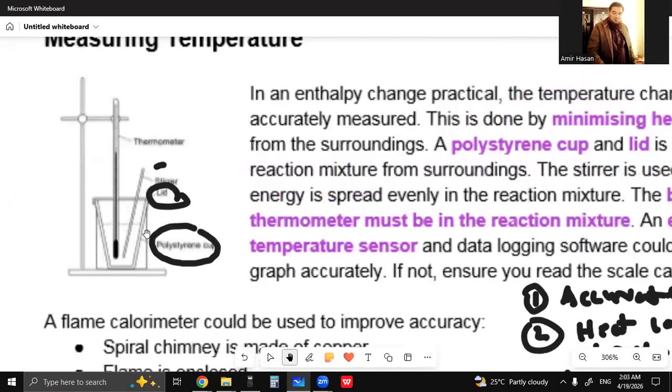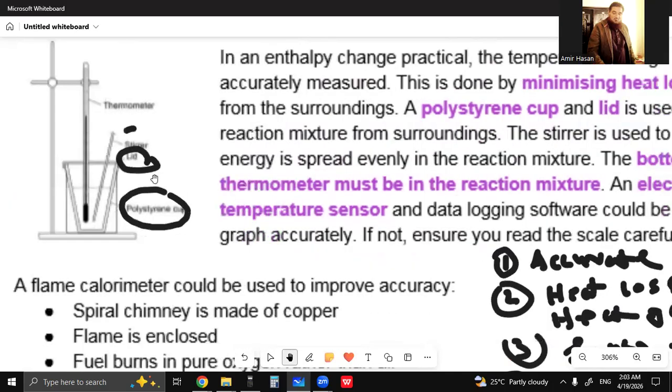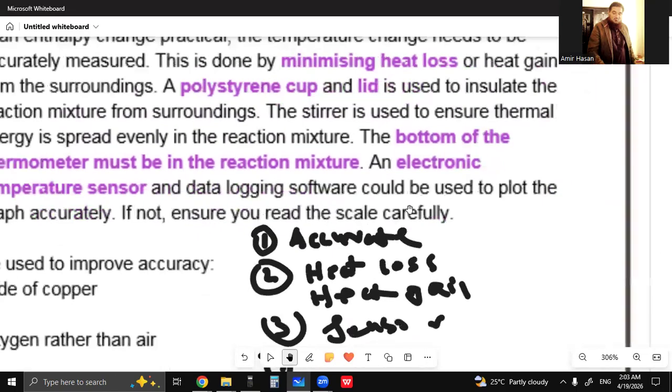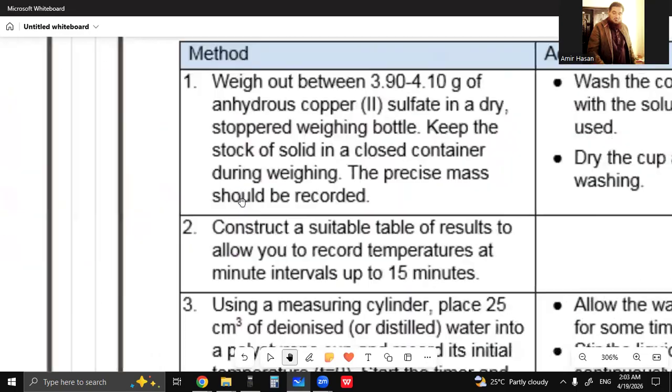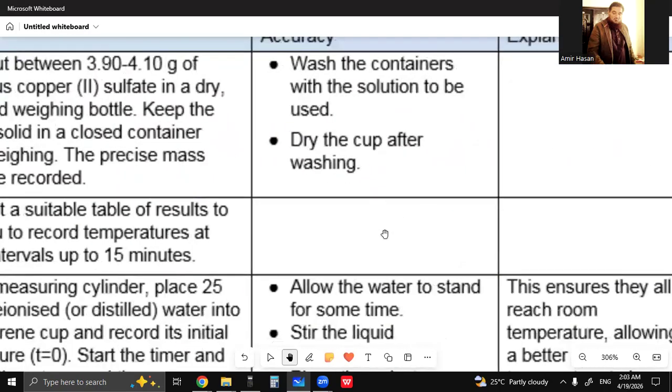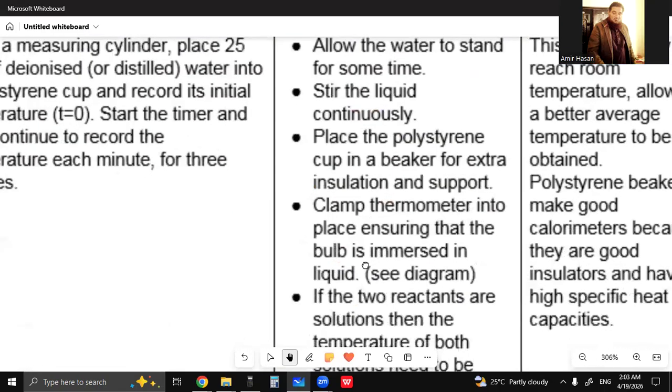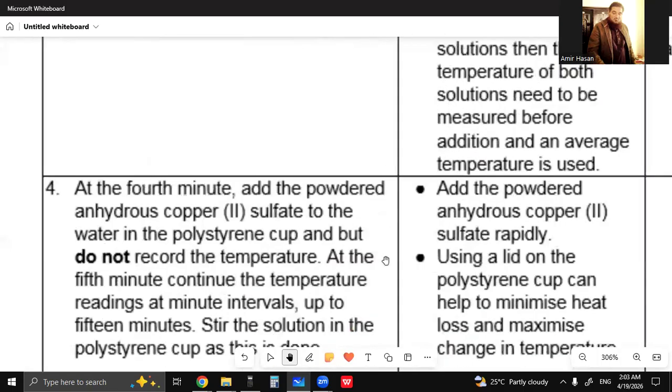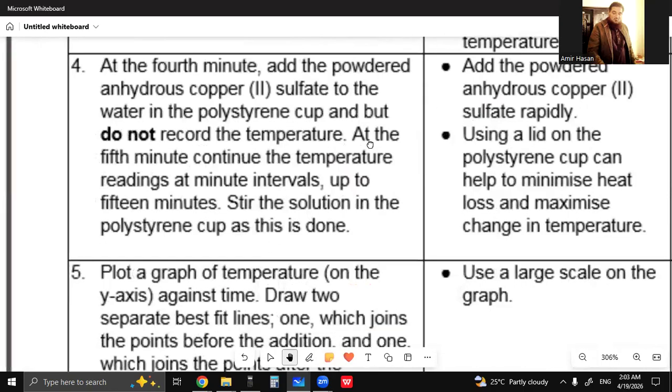Now, there is a solution, and what happens with the solution heat? If the temperature first increases, then decreases, it is exothermic. If it first decreases, then increases, it is an endothermic reaction. These are the steps by which we can easily calculate the enthalpy change.